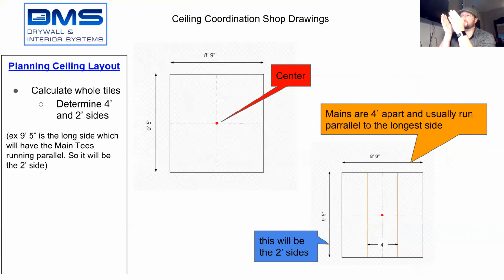Typically, you want your mains to go the longest distance of the ceiling. In this example, the 9'5" side is the longest, so we want our main tees to run parallel to the longest side, which then means our 2-foot tees will run perpendicular to the longest side.